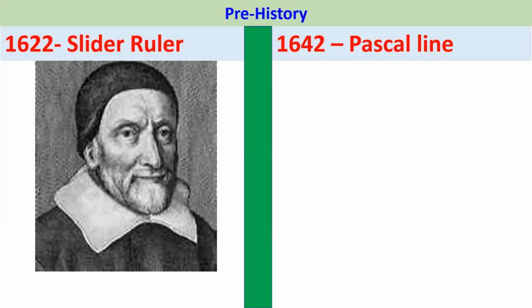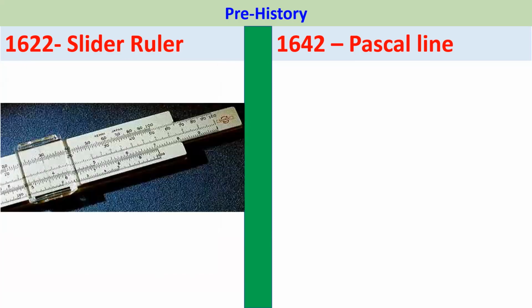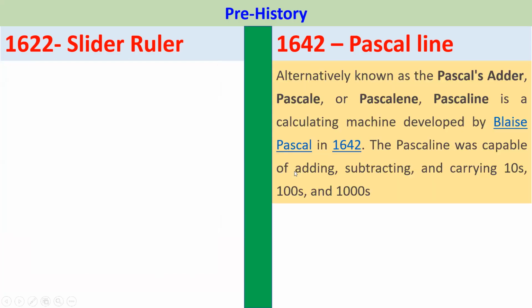Then 1642. Before that, another view of this slide rule. Then 1642, the Pascaline, also known as Pascal's adder, or Pascal line.